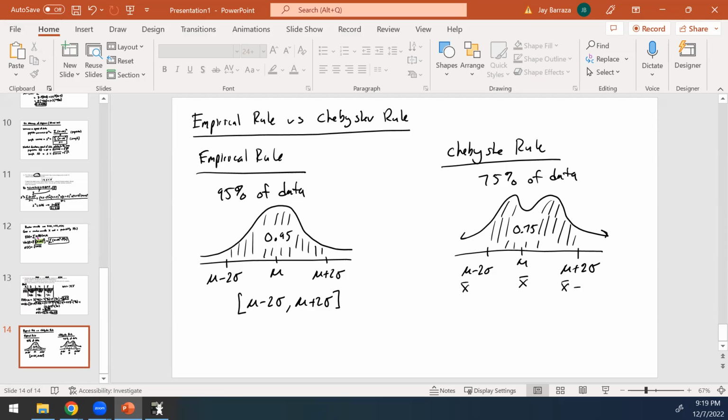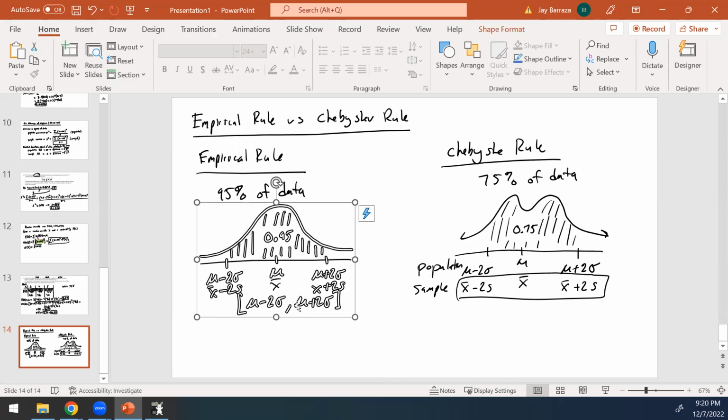If you're talking about samples, you use the bottom one, so this right here is for a sample, and the top one's for a population. Same thing here: you can do x bar minus 2s, x bar plus 2s, and then x bar. It's all the same.